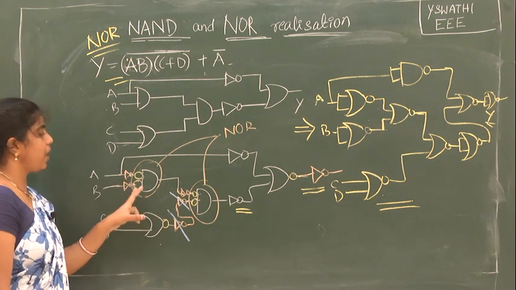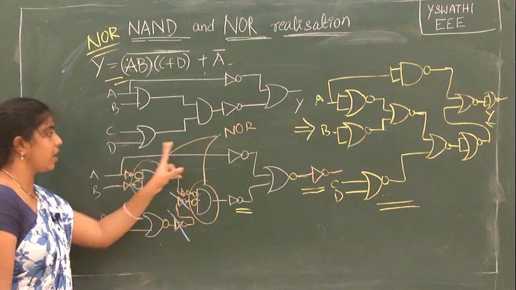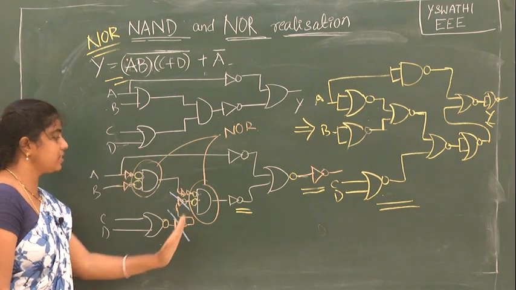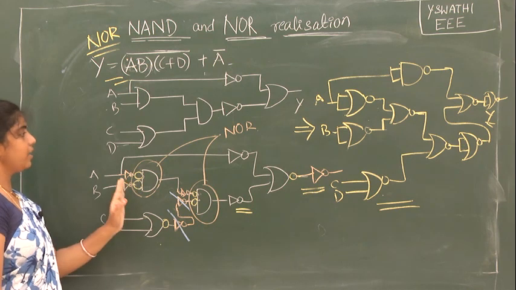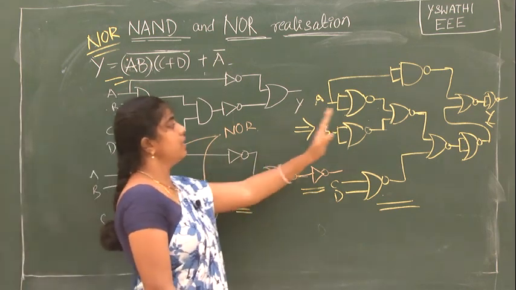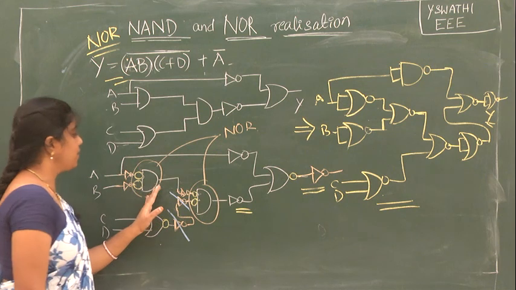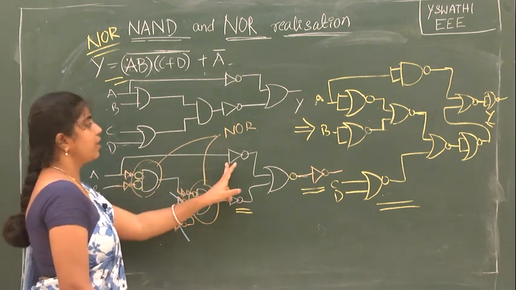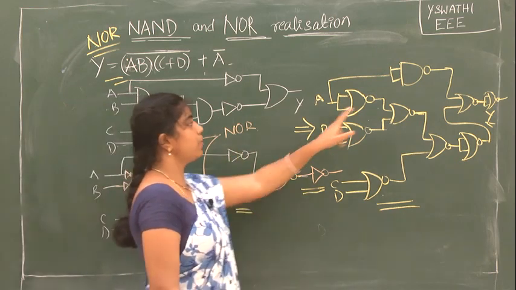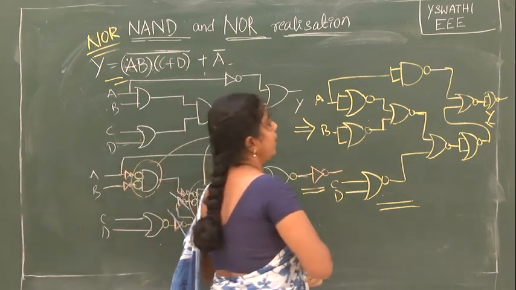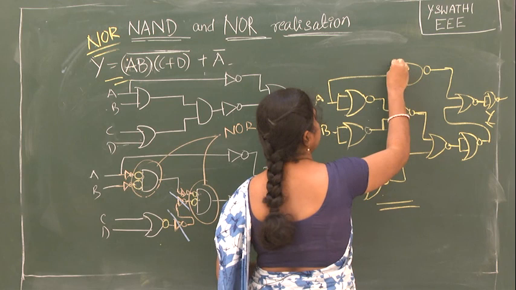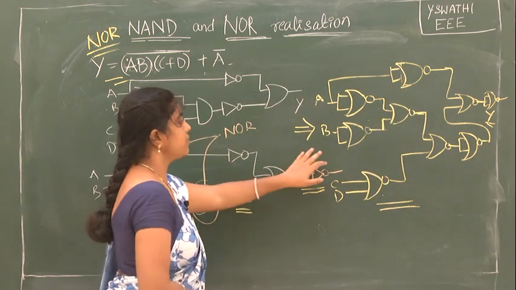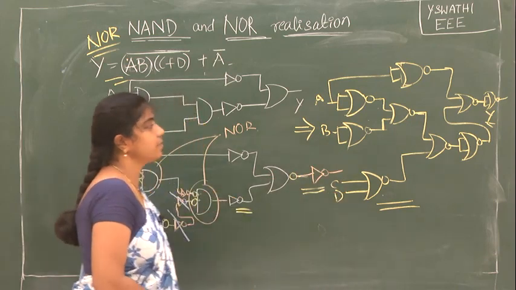In the next step, you represent the bubbled AND gate with an OR gate, and you drop the double inverters in the same line. In the last step, we represent the bubbled AND gate with a NOR gate and leftover NOT gates with same input NOR gates, and this becomes your final circuit realization using the universal gate, that is the NOR gate. Thank you.